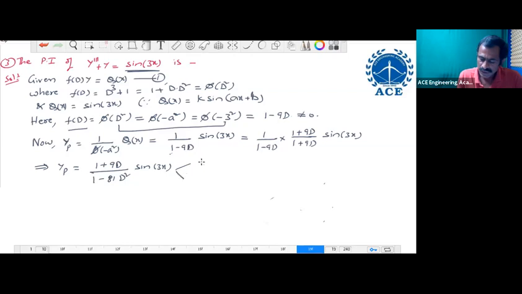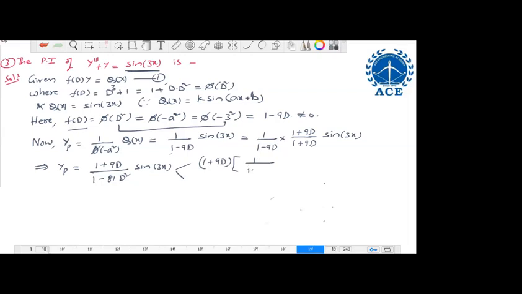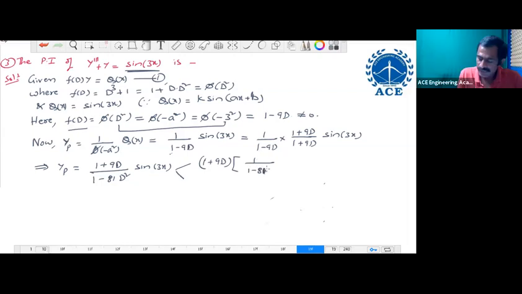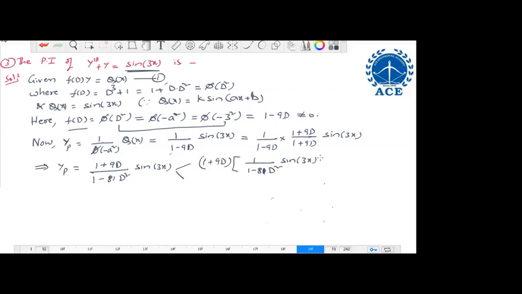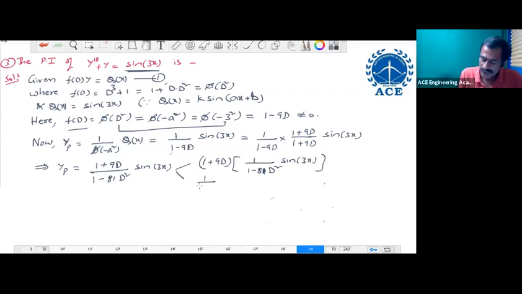We write this in two ways: (1 plus 9D) into 1 by (1 minus 81 D square) of sine 3x, or 1 by (1 minus 81 D square) of (1 plus 9D) of sine 3x.